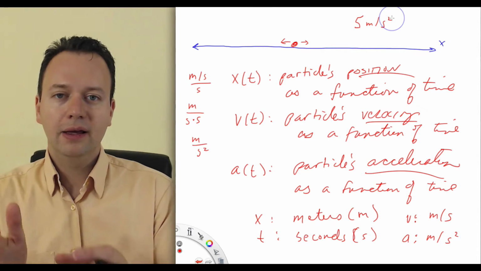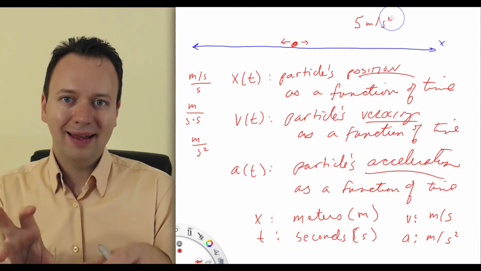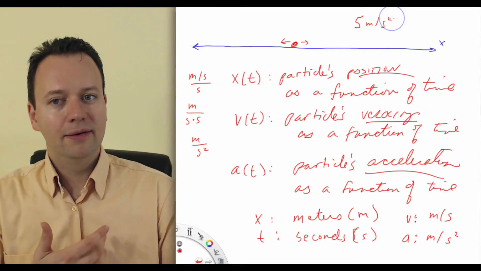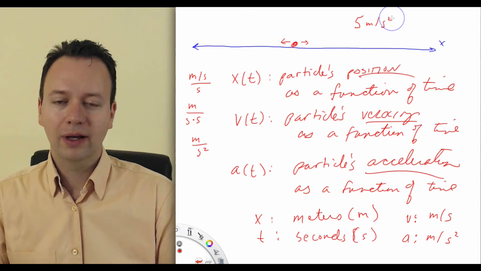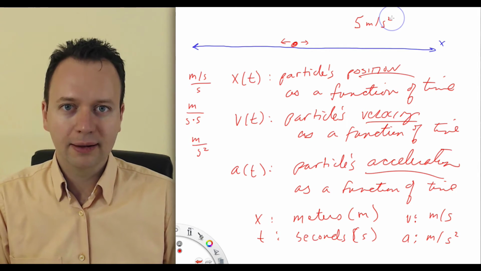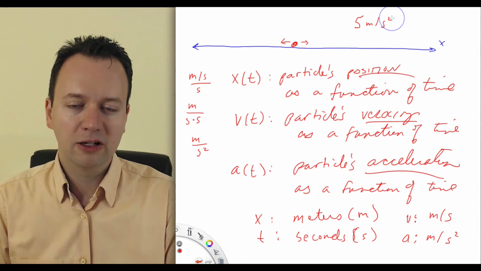So your velocity is increasing by 5 meters per second every second. Different units, miles per hour per second, would be something similar. Like 20 miles per hour per second means that every second your velocity is increasing by 20 miles per hour.